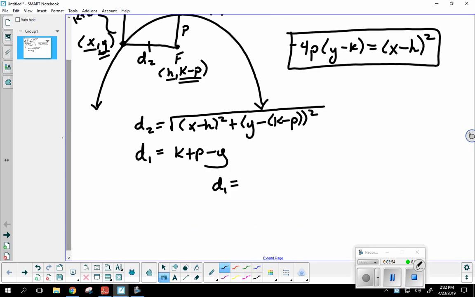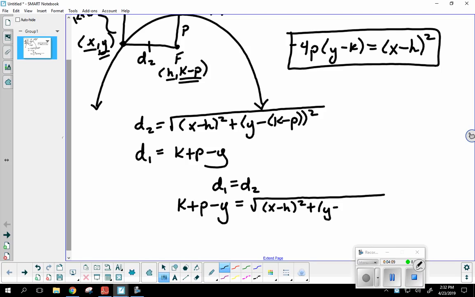So distance 1 equals distance 2: k plus p minus y equals the radical of (x minus h) squared plus (y minus k minus p) squared. Hopefully I'm going to be able to turn this statement into the final one.